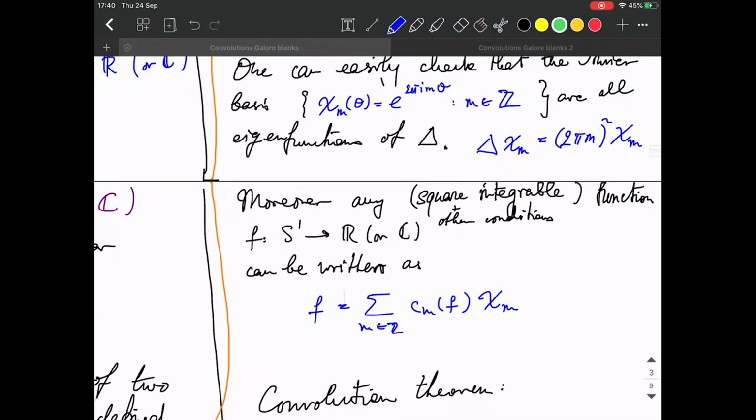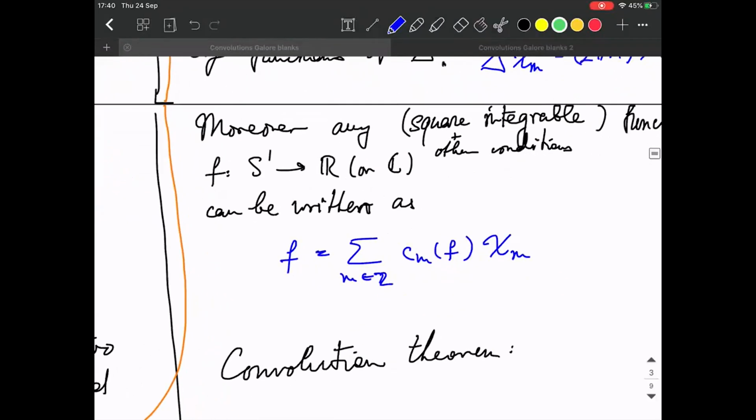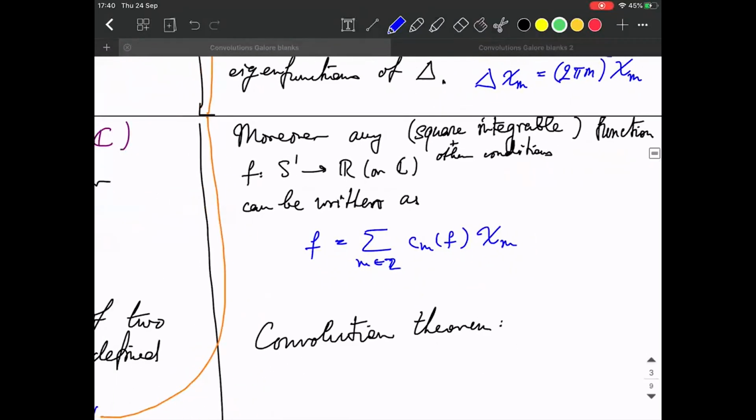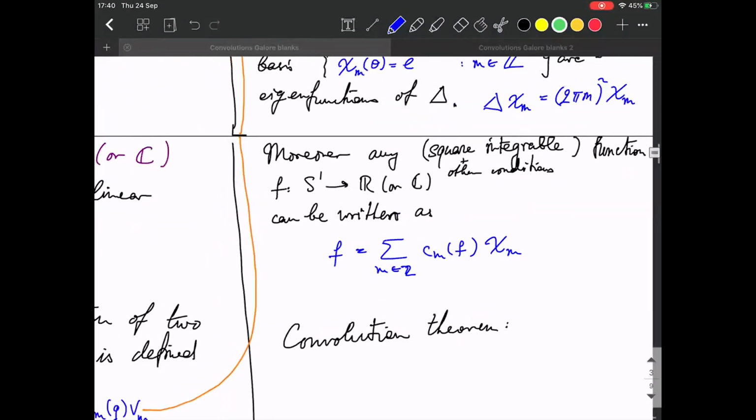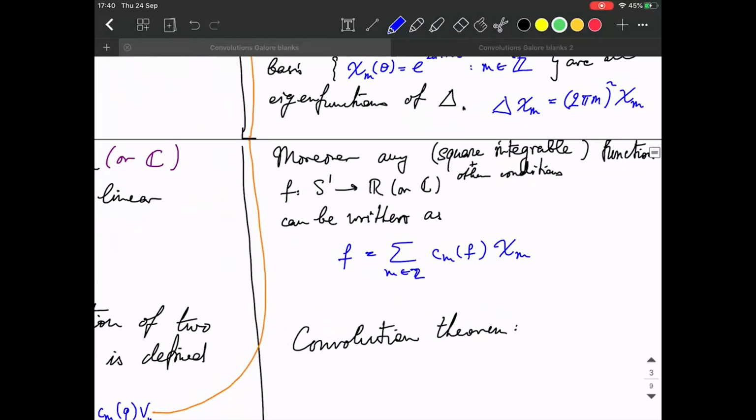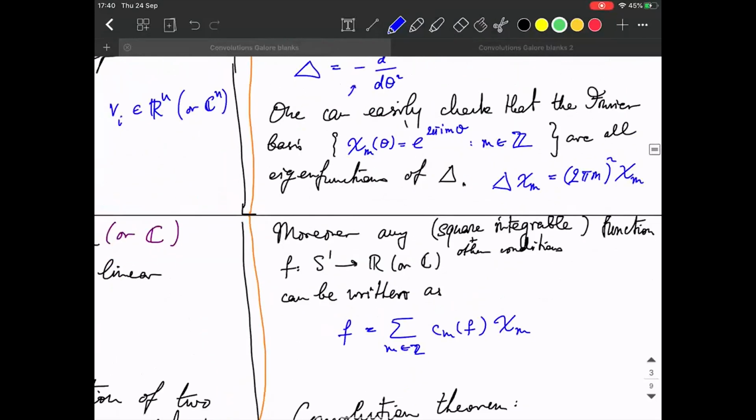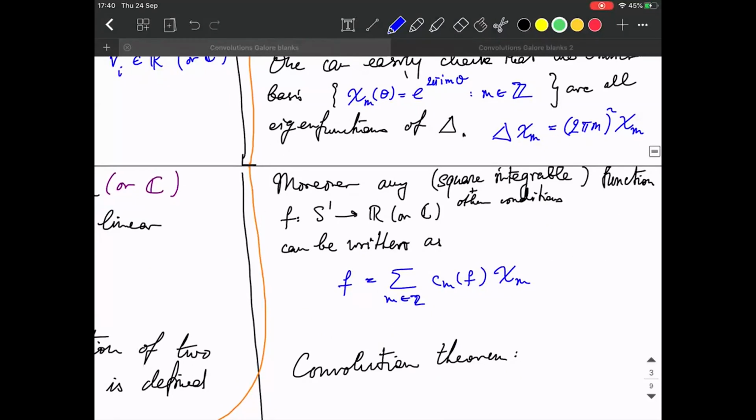So this is just the standard Fourier series, the way that we are used to expressing periodic functions on the real line in terms of sines and cosines. This is just rephrased a little bit in terms of functions on the circle.